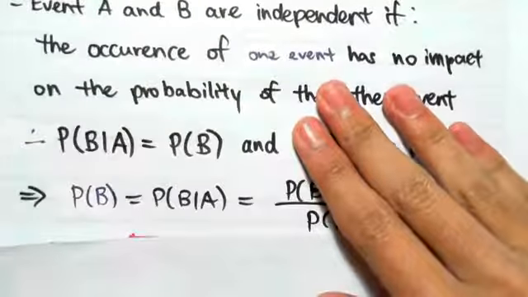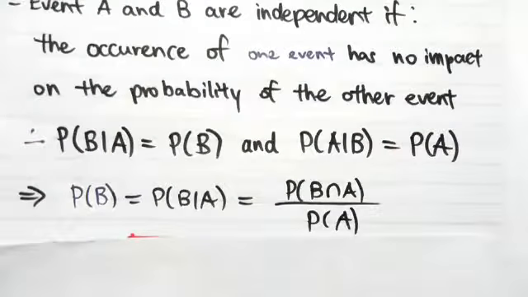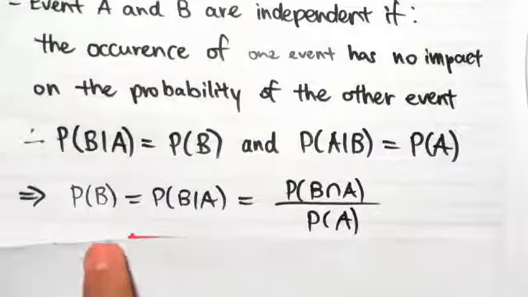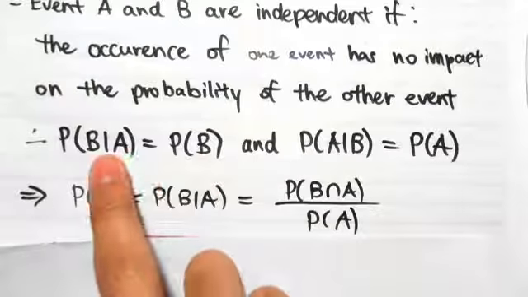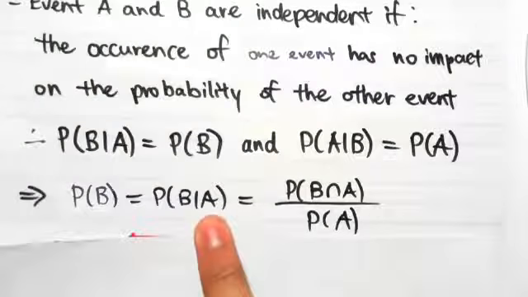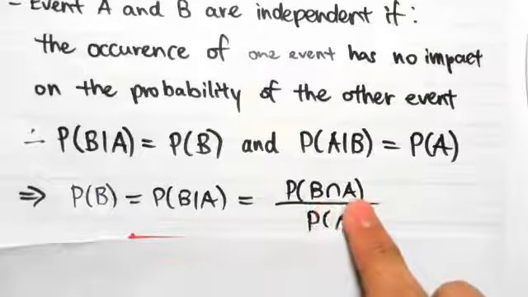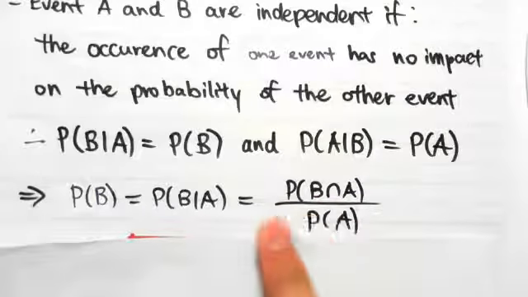So we can then use our formula from the beginning. So this is what we have from the beginning, the conditional probability formula. So we said that P of B is equal to P of B given A. This is what I have here. And since P of B given A is equal to P of B intersection A over P of A, we have something like this.